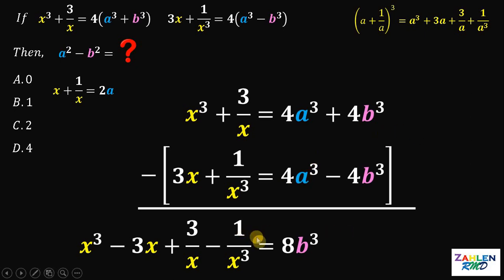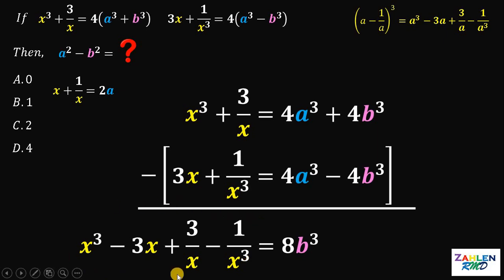Now again, notice that this expression on the left hand side is somewhat familiar because this is the expansion of a minus 1 over a raised to 3, which is equivalent to a cubed minus 3a plus 3 over a minus 1 over a cubed. Now, if we replace all a with x, we get this expression.